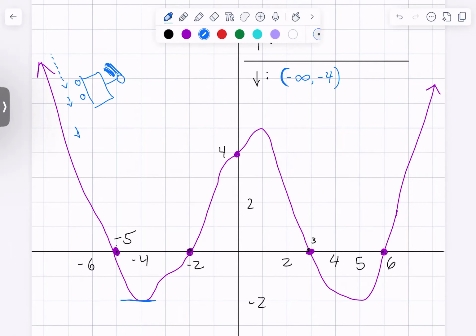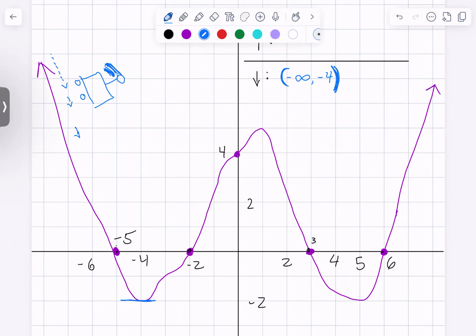At that jerking point, -4, you are actually parallel to the ground. You're not decreasing, nor are you increasing. You're literally parallel to the ground. So that's why we have parentheses around the -4.